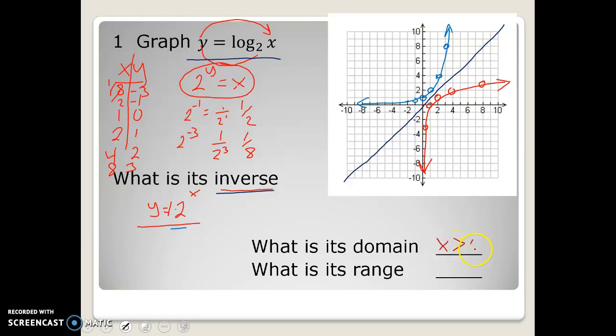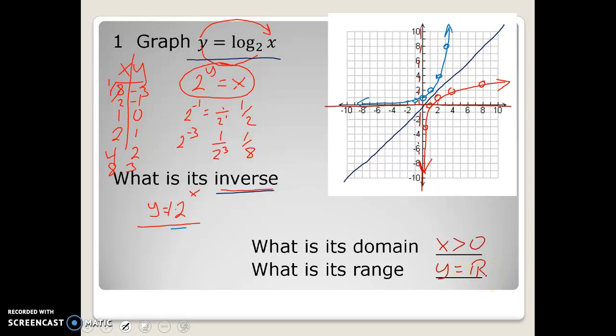It's not equal to 0 because there's a vertical asymptote here that it approaches but doesn't touch, just like there's a horizontal asymptote in the blue function that it approaches and never touches. The range is the y values, so it goes forever down and forever up. The y values are all real numbers.